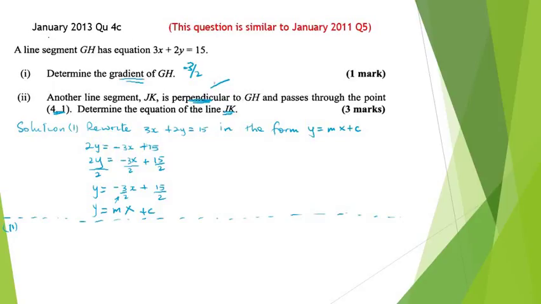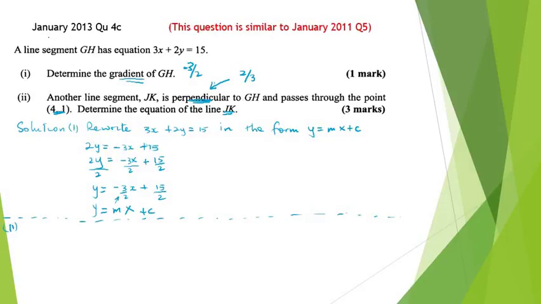Perpendicular to GH means that the gradient is the negative reciprocal of negative 3 on 2, which is 2/3, so instead of minus it will be plus.